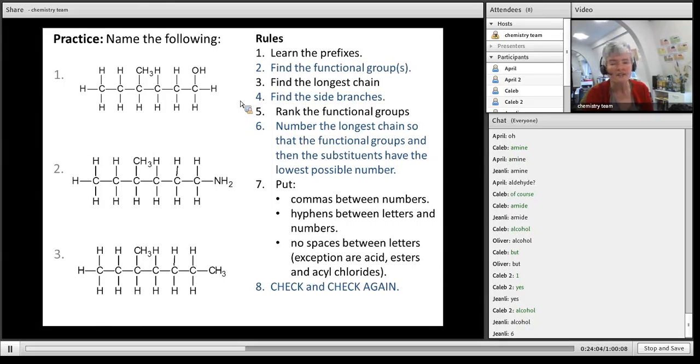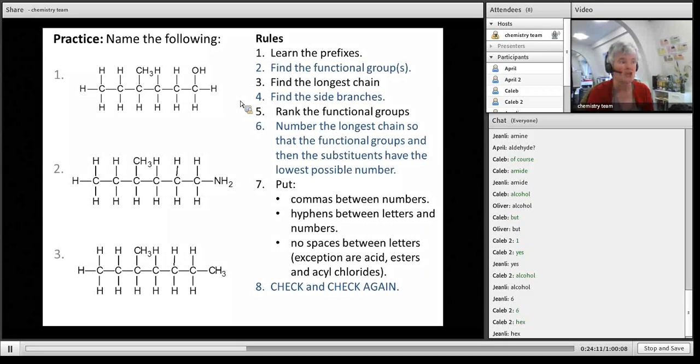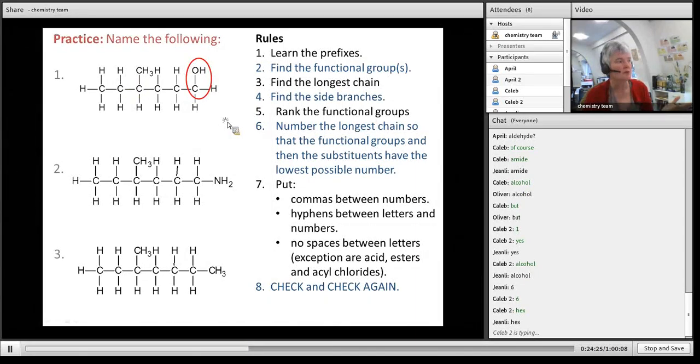Now what is the prefix we use for 6 carbons? Hex. So we know it's going to be hexanol as an overview, but of course we've got to say where that OH is, and we've got to look for the side chain. So there's my functional group. Now I start numbering my chain, and I go 1, 2, 3, 4, 5. Why did I start over here by the carbon?